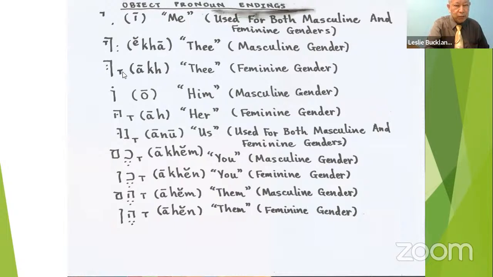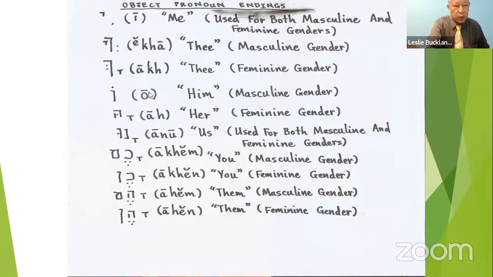In the possessive pronoun ending, you had sire right here, and it was pronounced ache. Here it is pronounced ak. It is thee, not thy, as in possessive pronoun endings, but in object pronoun endings, it is thee, feminine gender.